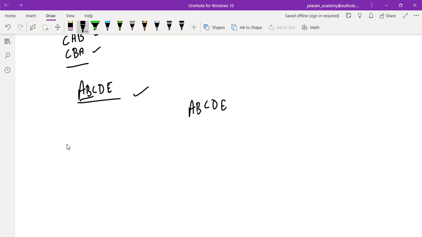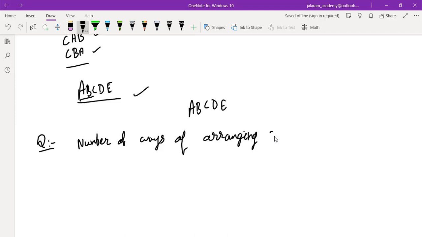Now, I am writing the question. Write in your notebook as an example: number of ways of arranging three letters from A, B, C, D, E. Means from 5 letters.